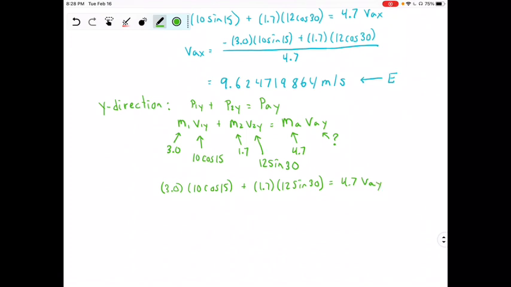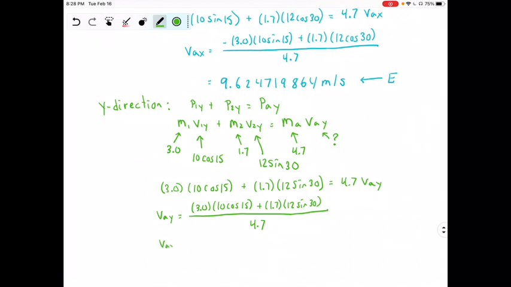And rearranging that for V after in the y direction equals 3.0 times 10 cos 15 plus 1.7 times 12 sine 30, over 4.7.